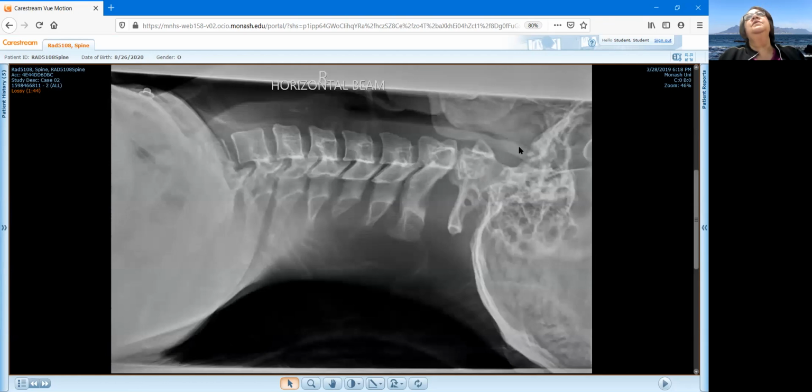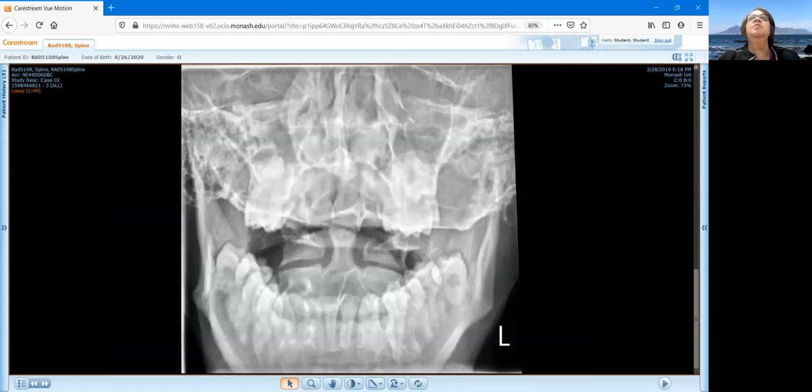On the lateral view, if we look at the alignment, there are no steps in the anterior or posterior lines, or the spinolaminar line, and the spinous process is also seen quite okay.